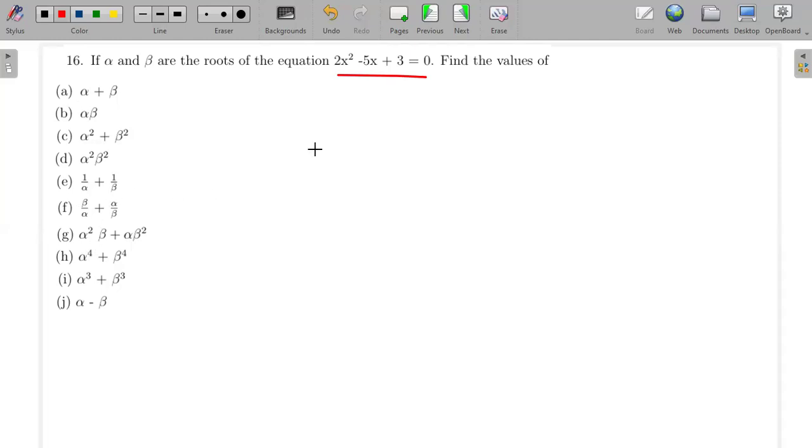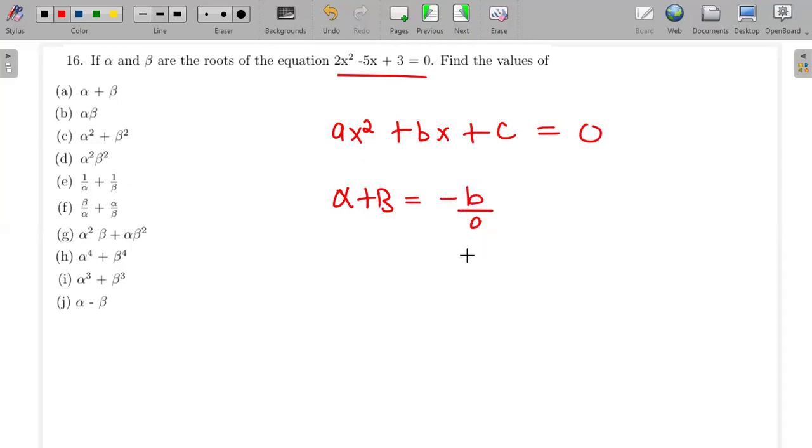First of all, we know that if we're given a general quadratic equation like this, equals to 0, then the sum of the roots, alpha plus beta, is given by the formula minus b divided by a. And the product of the roots, alpha multiplied by beta, is just going to be c over a.